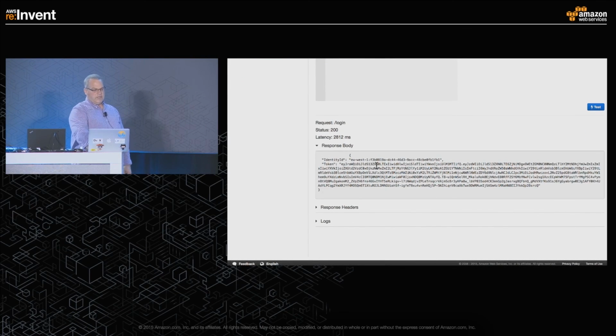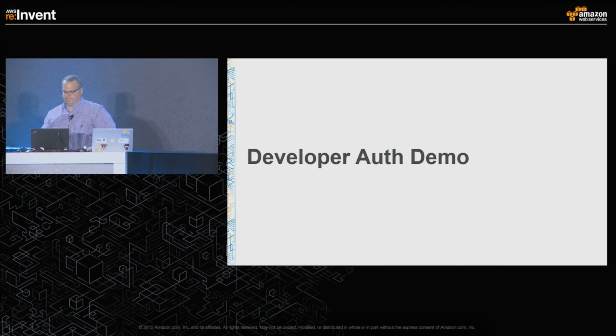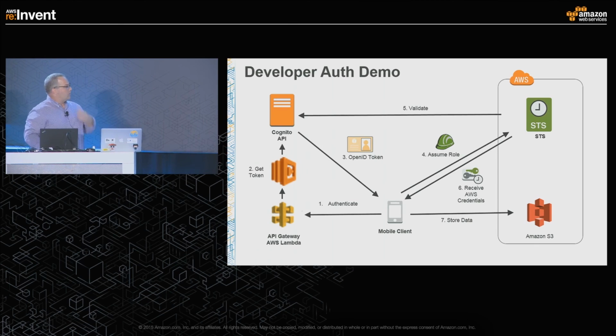I got a 200 back, and that is your Cognito token. That's your OpenID token. So once you get this token in your code, send it to STS, and you'll get your credentials. Okay, and that's just another slide showing the use of API Gateway, in my case, and Lambda to do the lifting on that.